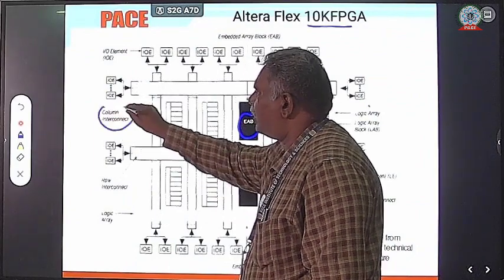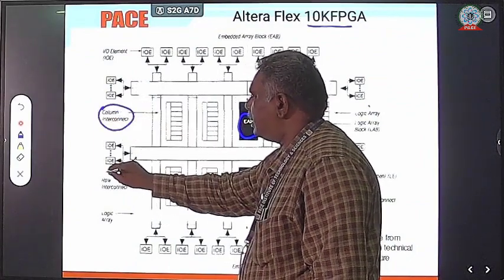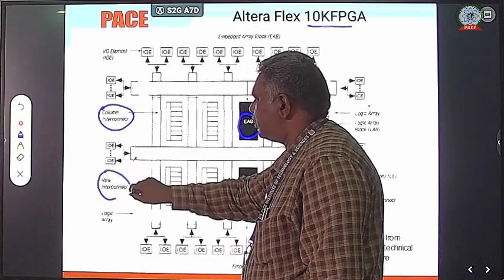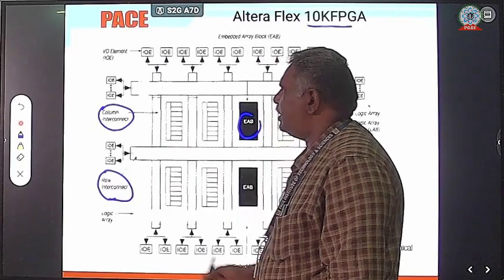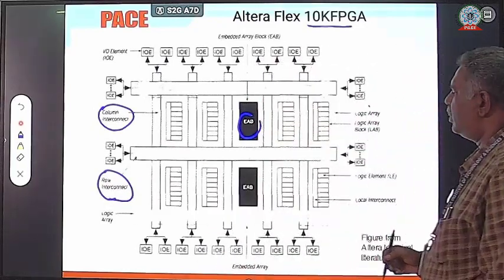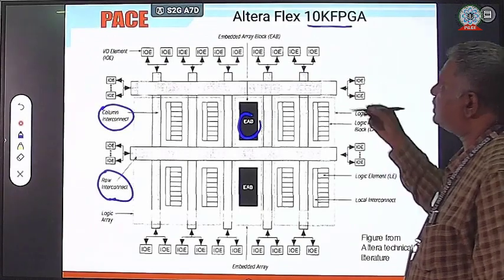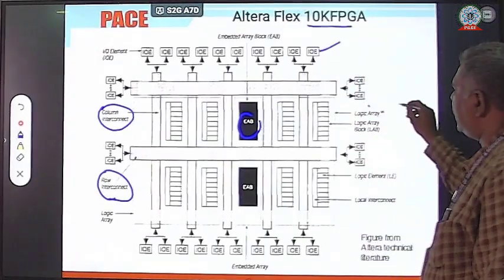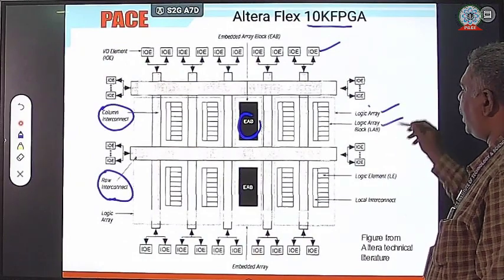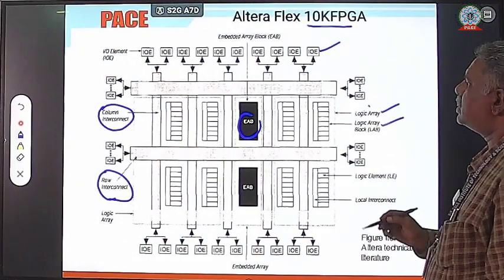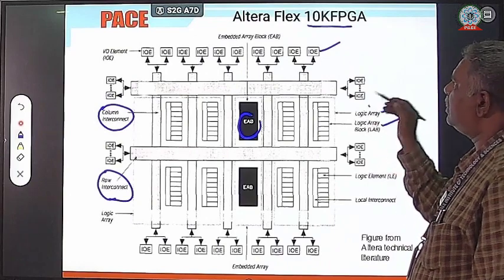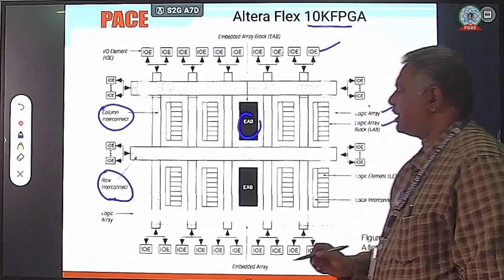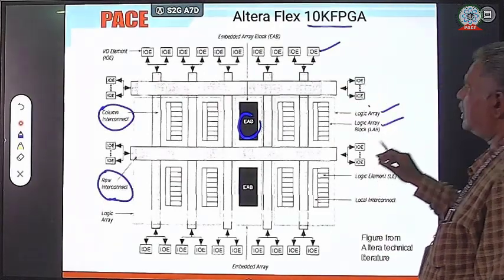There are column interconnects as well as row interconnects. As already said, we know the input output elements, the logic array elements, and the logic array blocks. Now additionally we are going to incorporate EAB, column interconnects and row interconnects in this 10K.